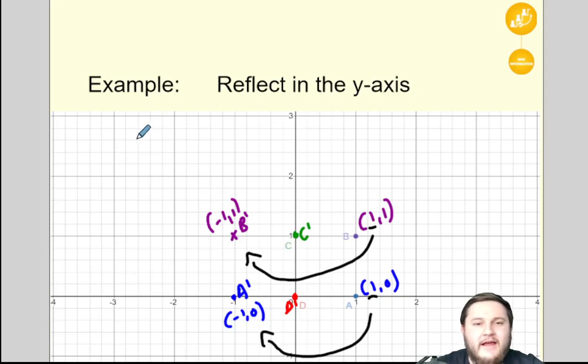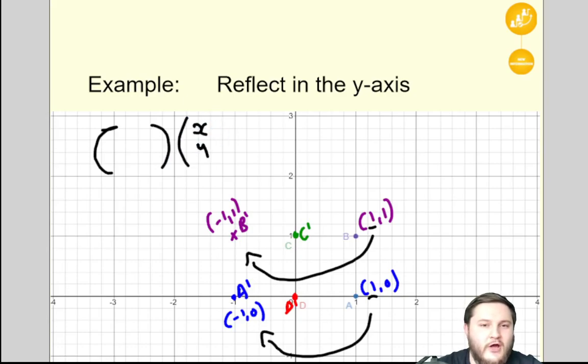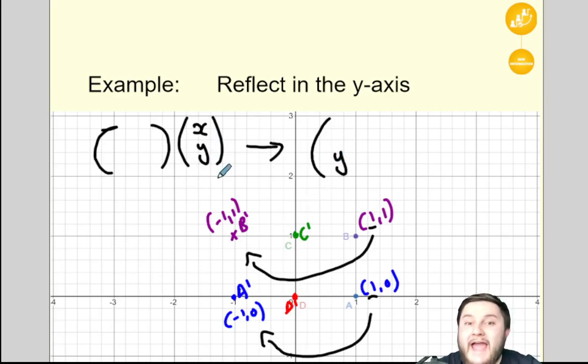So basically, there's a matrix that I don't know. But what I do know is that when you transform a coordinate, as we've just done with our unit square, you've now got a coordinate where the y-coordinate has stayed the same, so it was y in this one and it's y in this one, but the x-coordinate has turned negative, so it's gone to minus x.